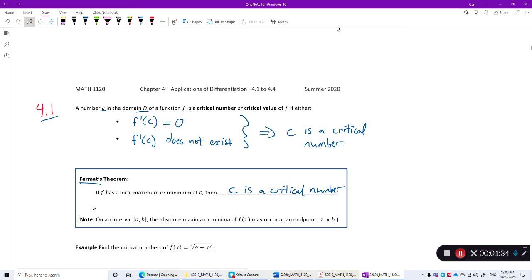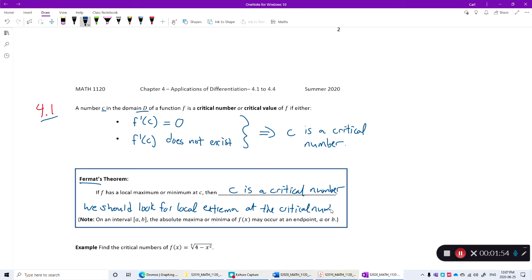And what that means is that we should look for local max or min, which are called extrema. Extrema means max or min. We should look for local extrema at the critical numbers. And just a note here that if we're dealing with a closed interval, the absolute max or min might be at the endpoints.